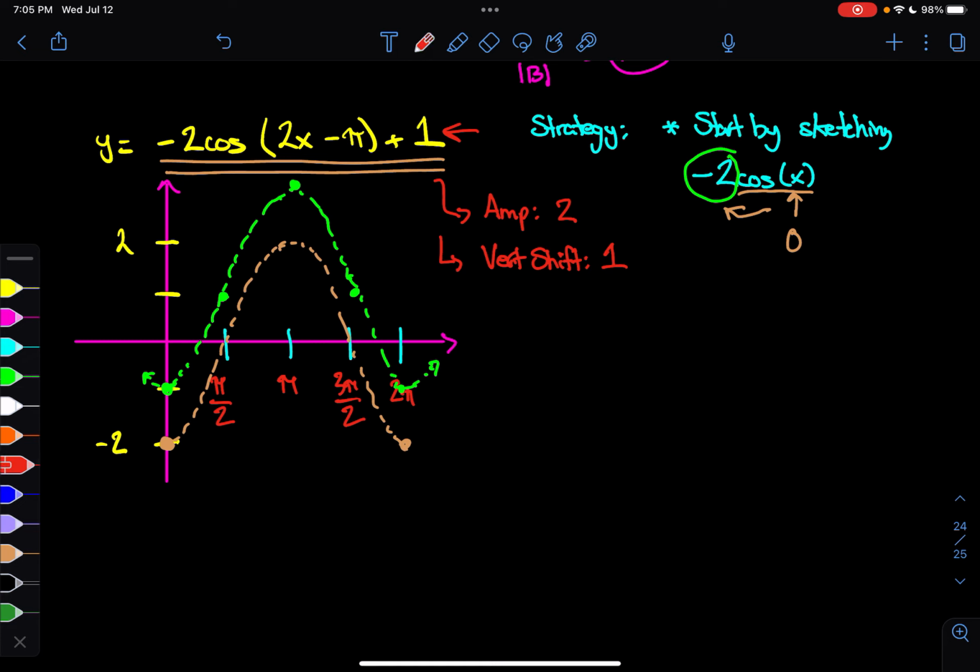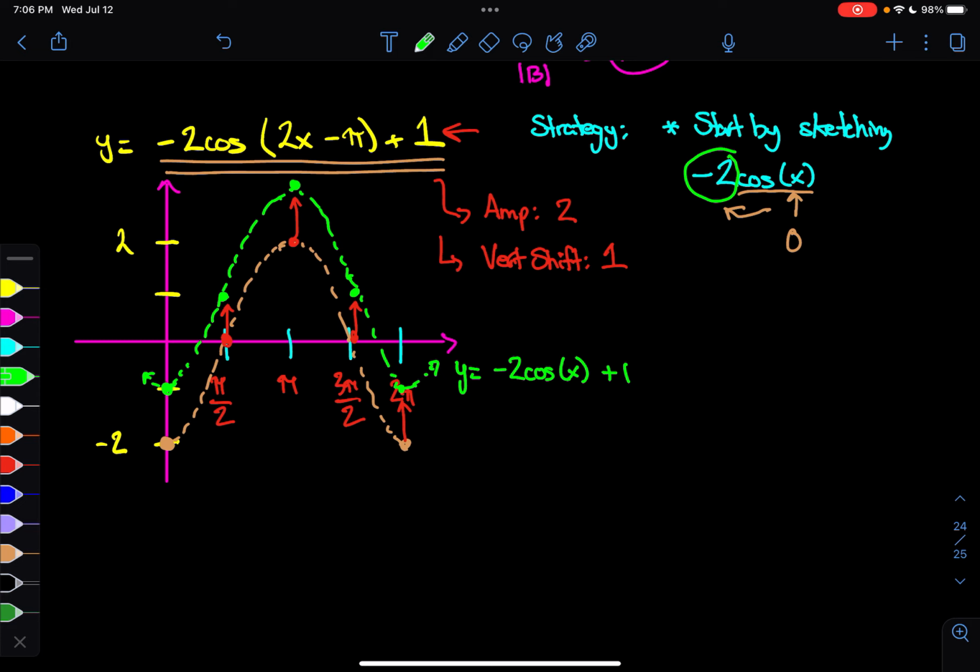So every single one of these points, we went from 0, we raised it to 1. We went from 2, we went up to 3. We went from 0, we raised it up to 1. We went from -2 and we raise it up to -1, right? So we've shifted this graph up 1 unit. That's what that graph would look like. So the green graph is y equals -2 cosine of x plus 1.